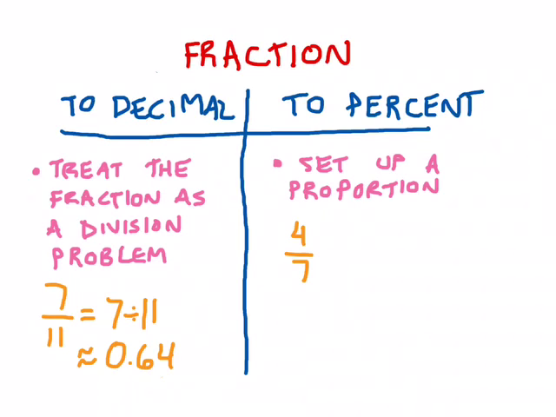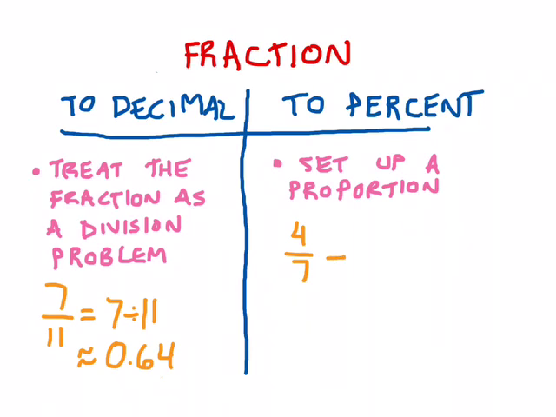And I'm going to convert that to a percentage by setting it up as a proportion. This is very similar to the solutions we find when we're trying to solve for a pie chart. Except instead of out of a 360-degree pie chart, I'm wondering what is 4/7 out of 100, because a percentage, if we remember, is out of 100.